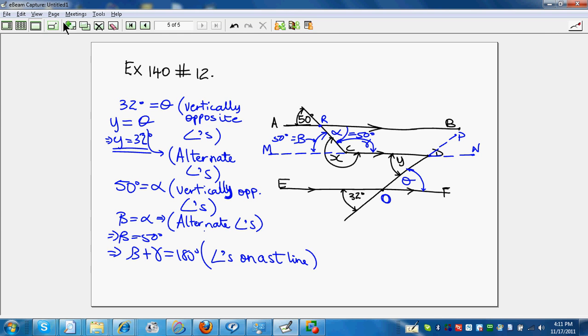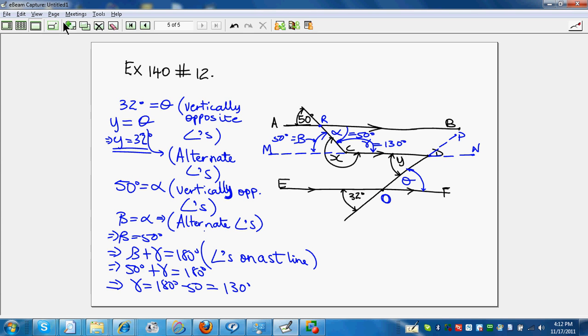Okay, angles on a straight line add up to 180. So we could say that beta, which is 50 degrees, plus gamma is equal to 180 degrees. So therefore we could find what gamma is. 180 minus 50, which works out to be 130 degrees.